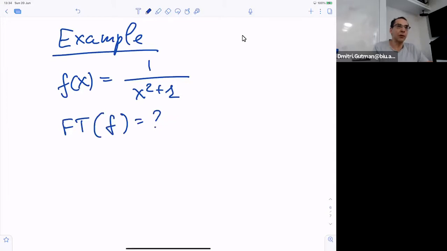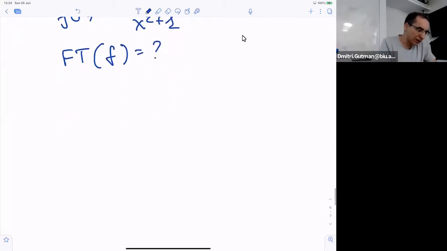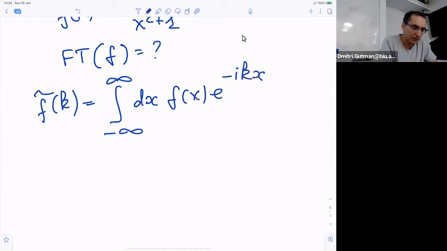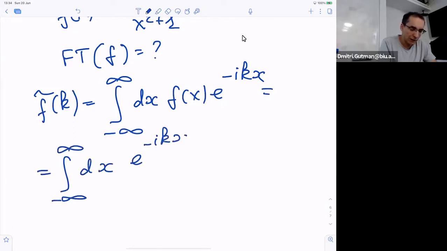By definition, the Fourier transform of this function is the integral over x of f of x e to the power minus I kx. So this would be the integral over dx of e to the minus I kx over x squared plus 1.